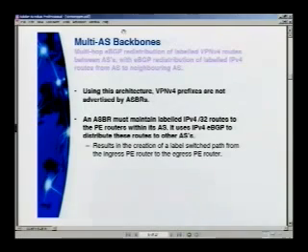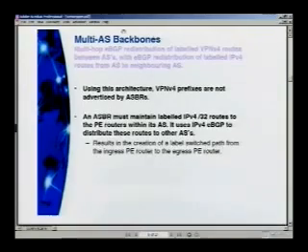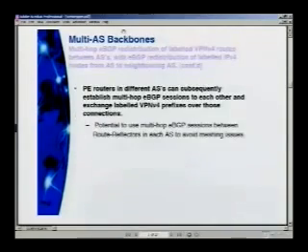And the PE routers, where the customers are connected on both ends, just do multi-hop eBGP sessions. Yeah, so far, so good. I got the point with the multi-hop eBGP sessions.